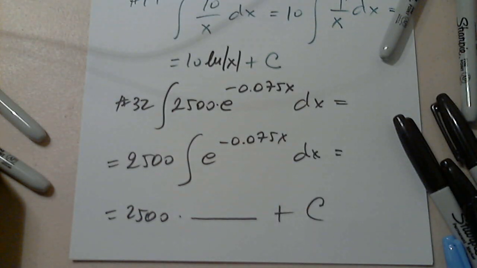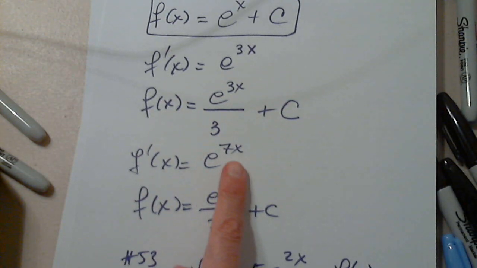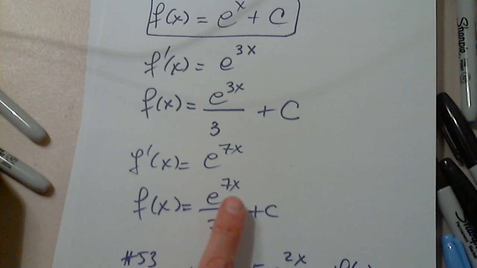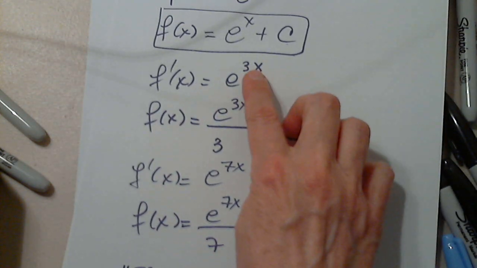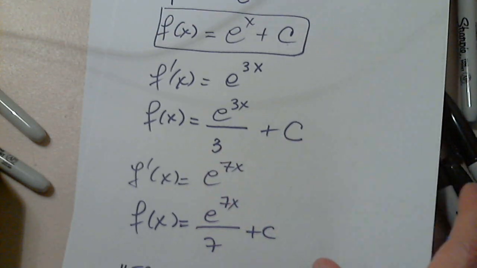So let's go back. When we looked at e, we had e to 7x. To find the function, we wrote e to 7x over 7 plus a constant c. When we had 3, we wrote e to 3x over 3 plus a constant c.